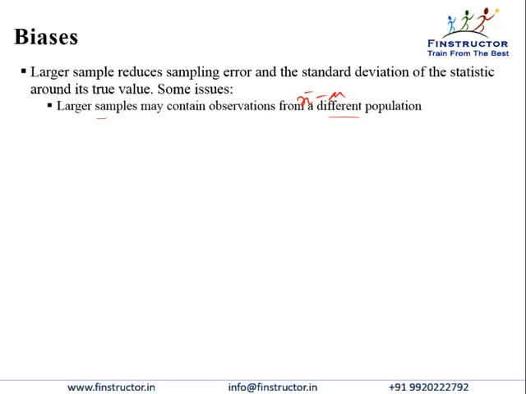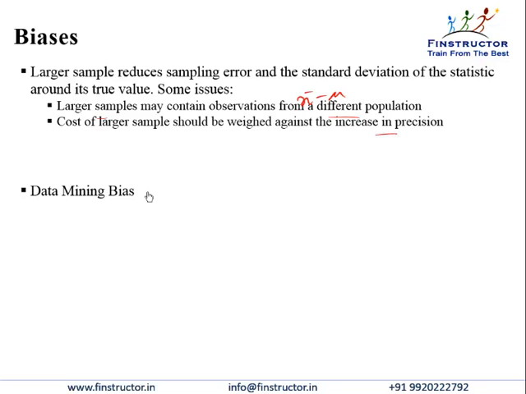Strictly speaking, that should not be done because we need a sample of CFA and FRM candidates. So with large samples, this is a mistake that can sometimes come in. The cost of taking a large sample should be weighed against the increase in precision. If there is not much improvement, then there is no point wasting your time and effort collecting a very large sample.